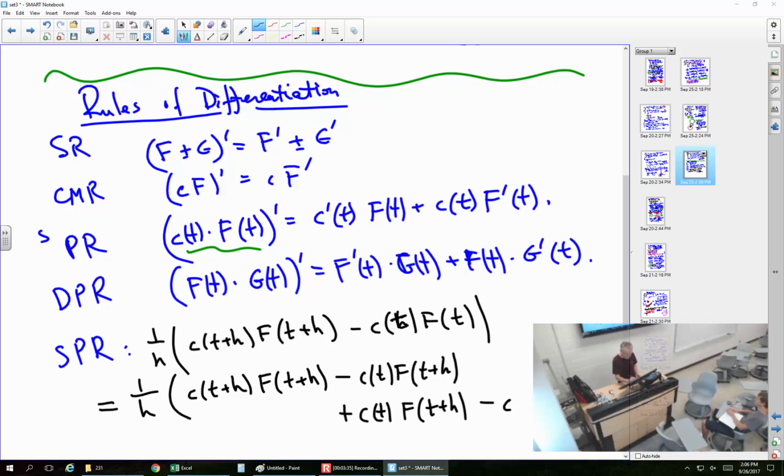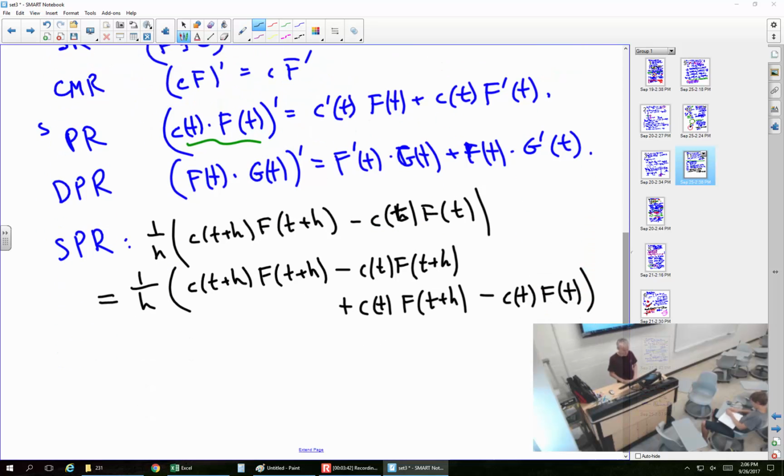And this is a t over here. Okay, c of t f of t. And then it turns out that there are 2 lines. Each of these 2 lines will actually converge towards the derivative that we care about. Let me demonstrate. I will factor f of t plus h over here with the first term.